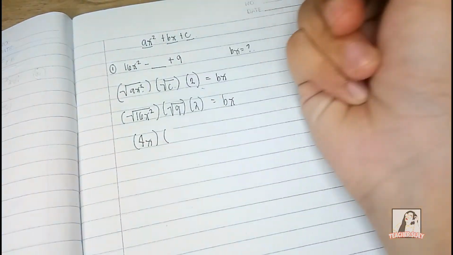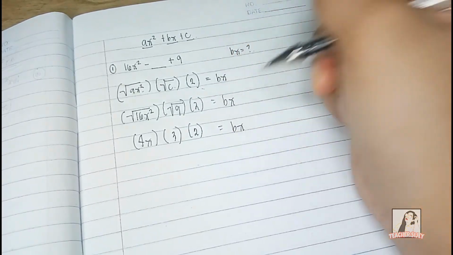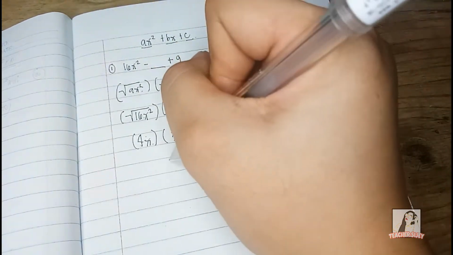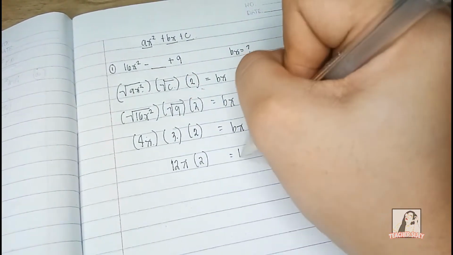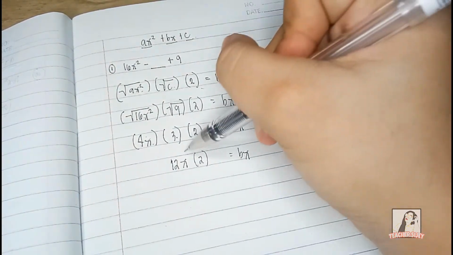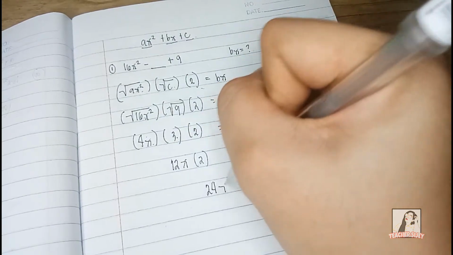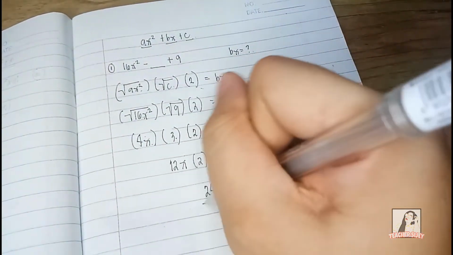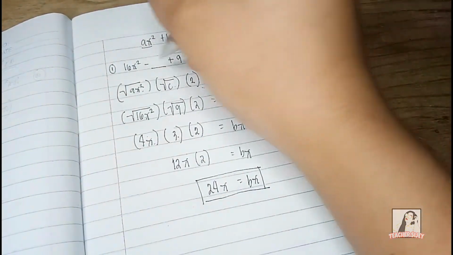The square root of 9 is 3, times 2 equals bx. So 4x times 3 is 12x, times 2 equals bx. 12x times 2 is 24x equals bx. So our middle term is 24x.